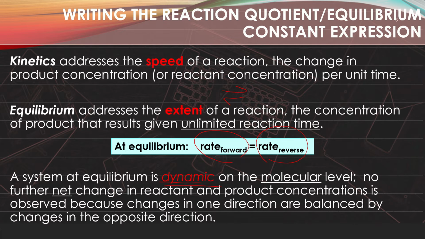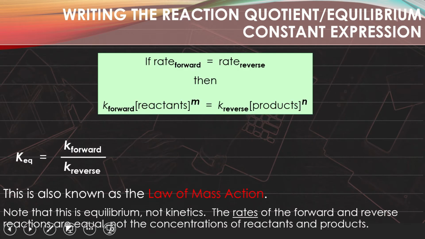Ang nangyayari ay, habang nagkakaroon ng reaction from reactants to form the products, ay nagkakaroon din ng reaction from product towards the reactants. Ang nangyayari dyan is, there is no net change. Ibig sabihin, walang sumobra or walang bumawas doon sa total amount ng reactant at ng product kapag ang ating system ay nasa equilibrium. Ibig sabihin, dire-diretso na nagkakaroon ng chemical reaction from reactant to product and from product to reactant.